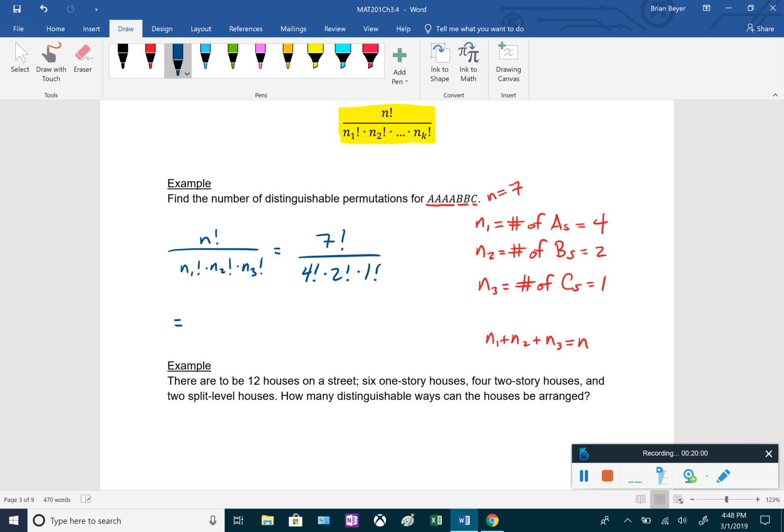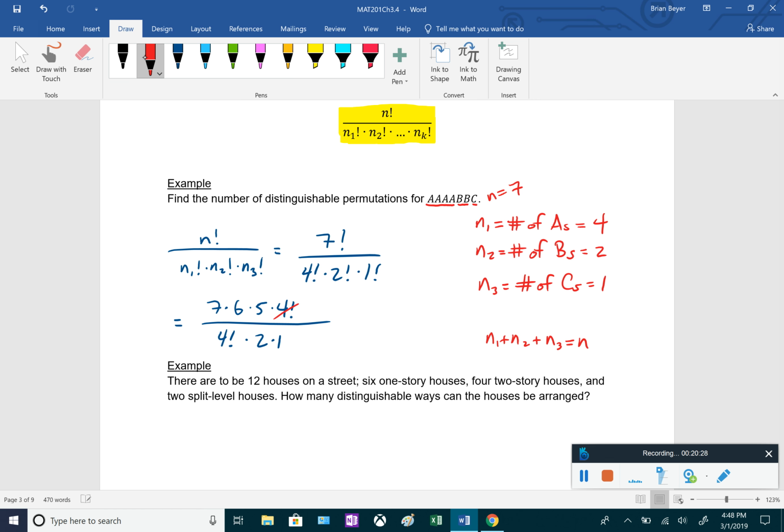So if you're doing these by hand, you can cancel off the largest factorial in the denominator using the numerator. 7 factorial can be written as 7 times 6 times 5 times 4 factorial, all divided by 4 factorial, and then 2 factorial is 2 times 1, and then 1 factorial is just 1, so I'm not even going to write it.